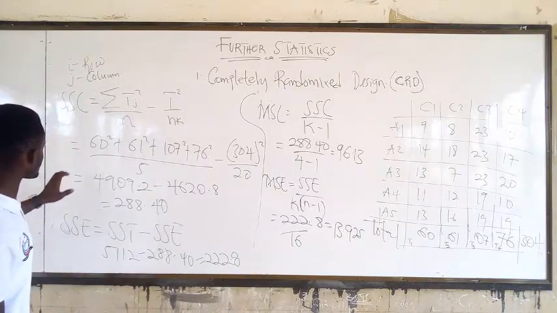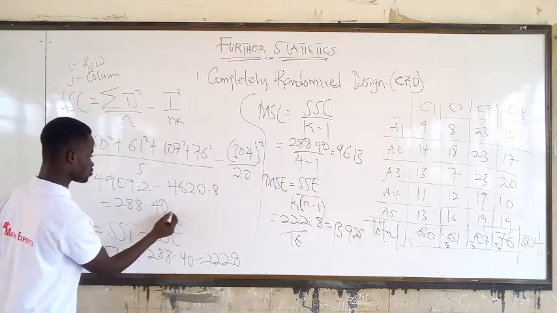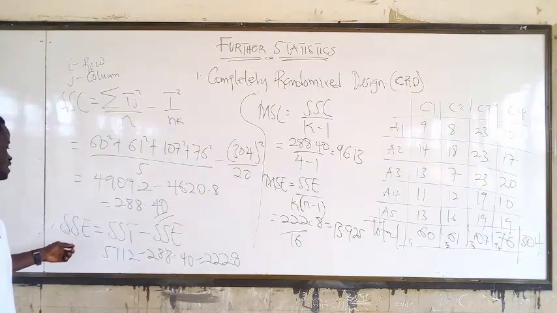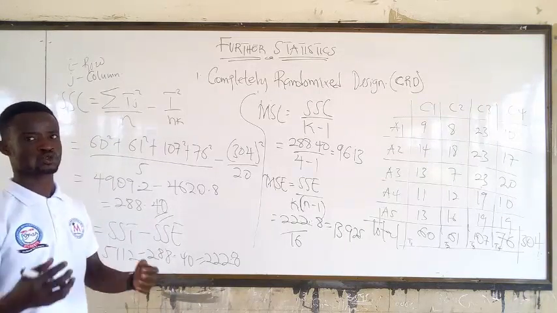Alright. So now, after getting the sum of square column, which is this, then we use that in order to get the sum of square error. Because we have already found the sum of square total.